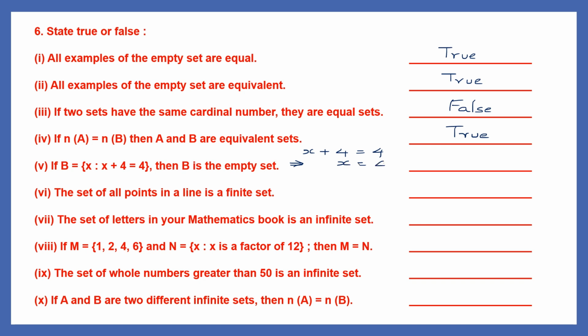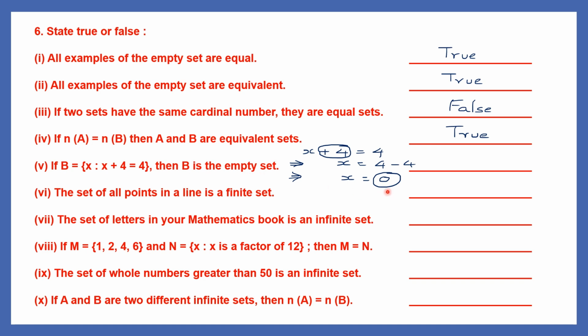X is equal to 4 minus 4. Because I have transposed this plus 4 to the other side, it's become minus 4. So what is the value of x? X is equal to 0. That means inside set B, what do you have? You have 0. So what does this statement say? The statement says that if this is the set, then B is an empty set.